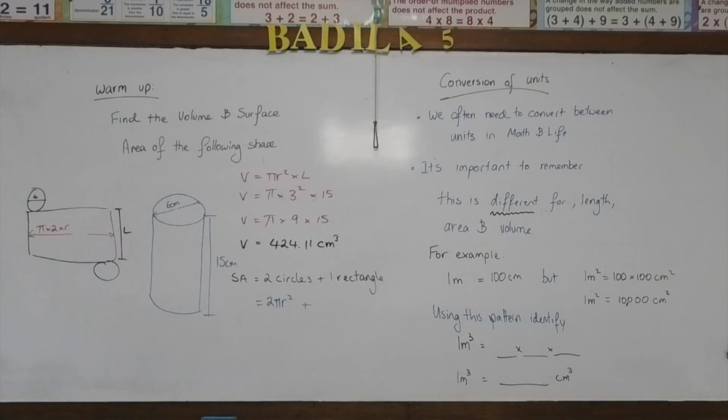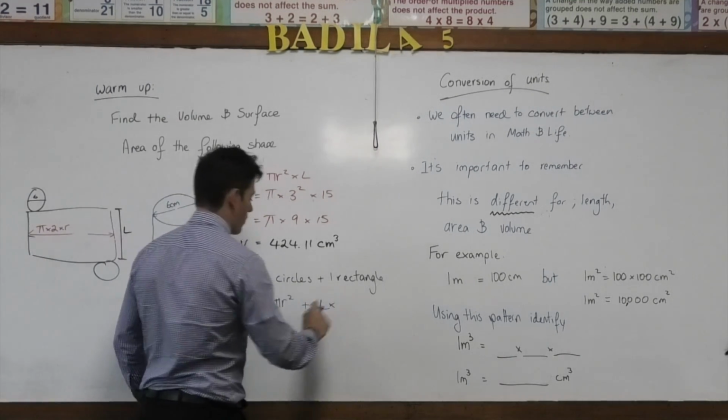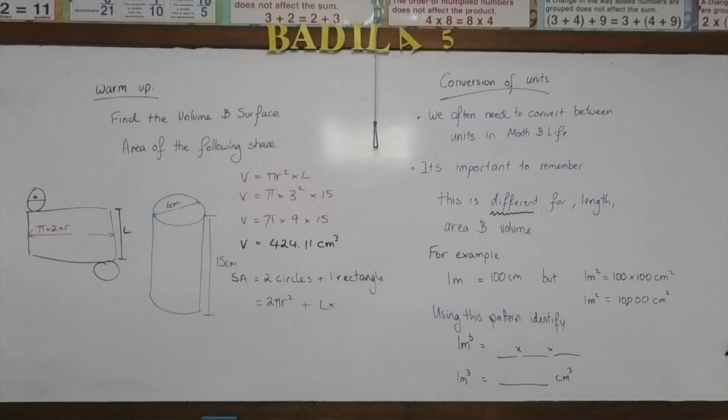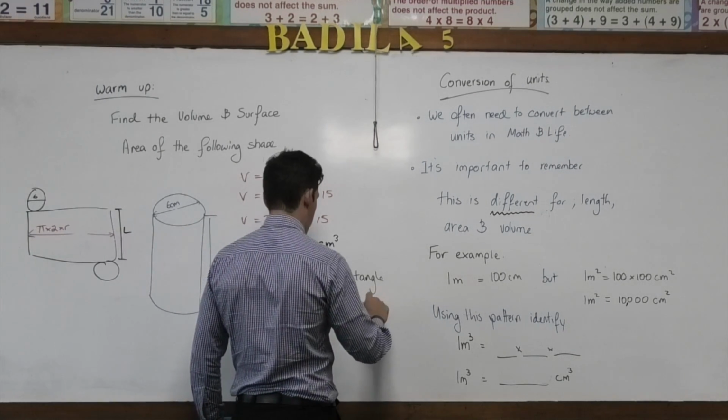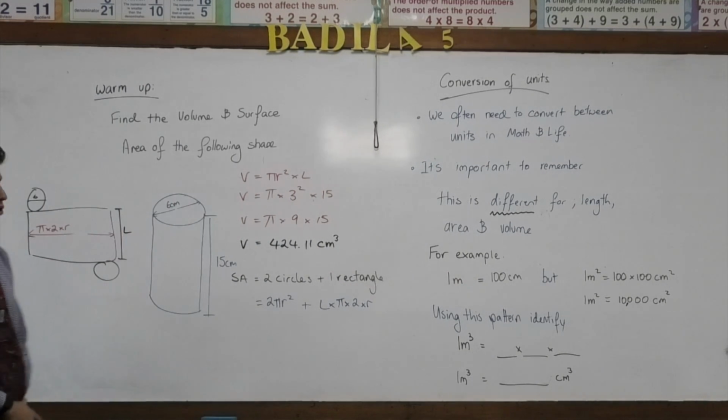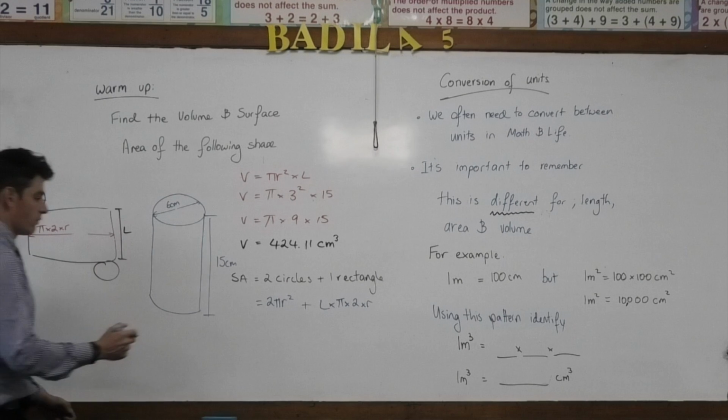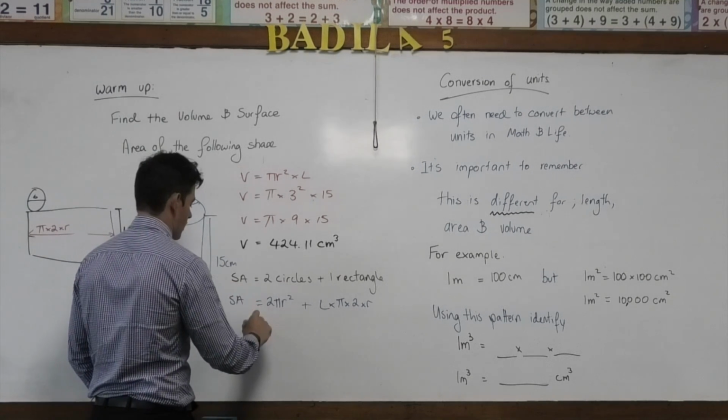What's the equation for a rectangle's area? Length times width. Do I know my length? Yes, so I can write length times, and what's my width again? Pi times 2 times r, correct? Do I know all the variables in that? Yes. So I can just sub those in now.